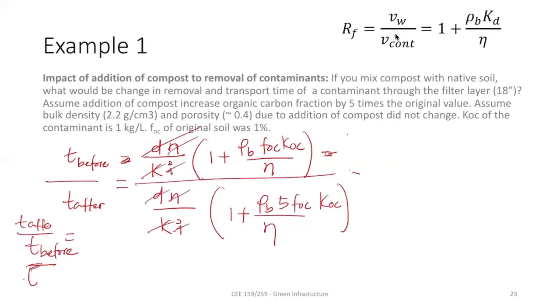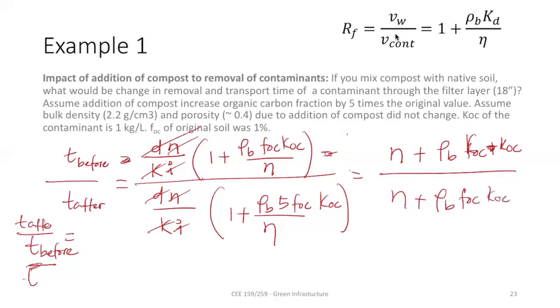The only thing that remains is the ratio of n plus rho b FOC KOC, over n plus rho b times 5 FOC KOC.